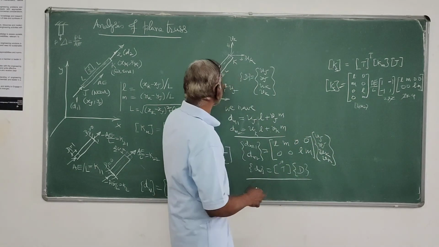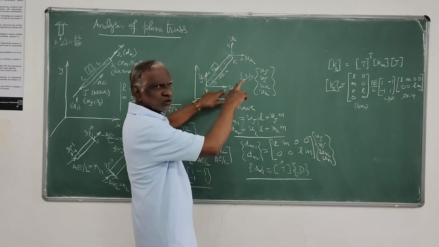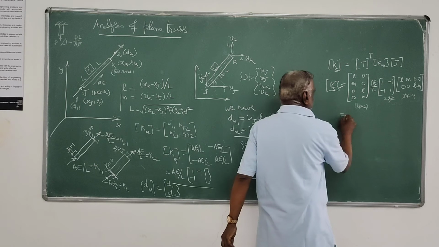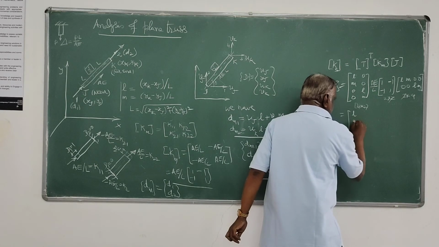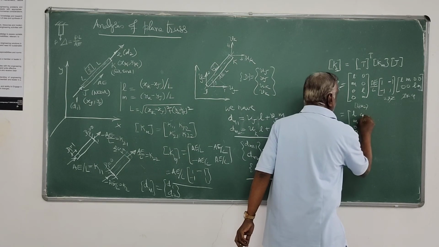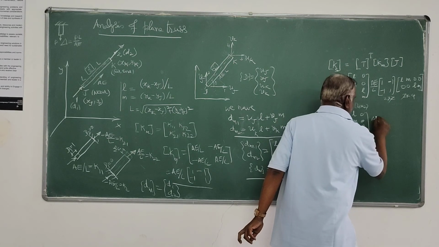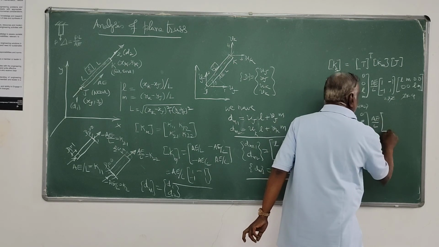The 4 by 4 matrix corresponds to Uj, Vj, Uk, Vk. If you simplify, this is [L, M, 0, 0; 0, 0, L, M] with AE by L outside.